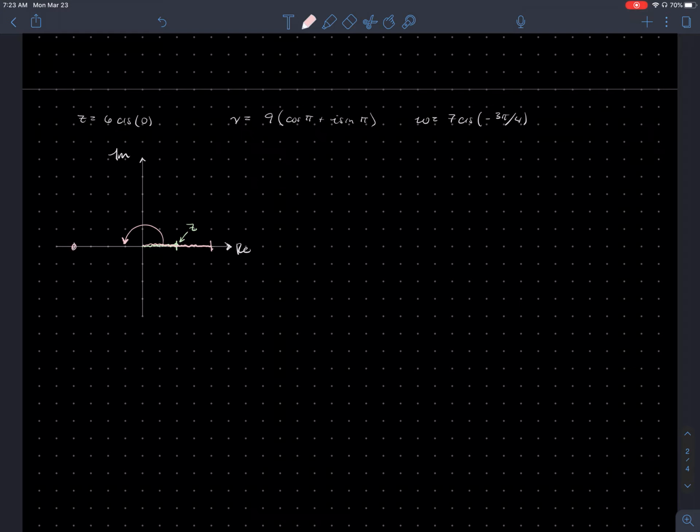So that means that we end up getting that point out here. So that is our complex number V. Now lastly, we'd have extending out by 7, and then we rotate down by negative 3 pi fourths.